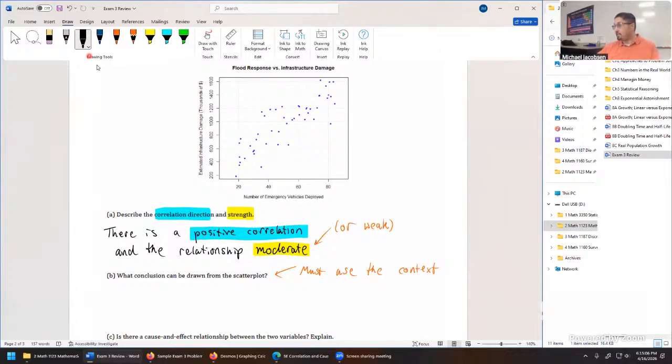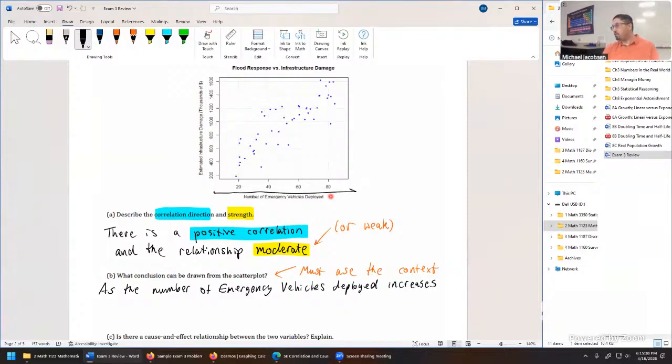You can say just simply, as the number of emergency vehicles deployed increases, here we're reading the graph going left to right.